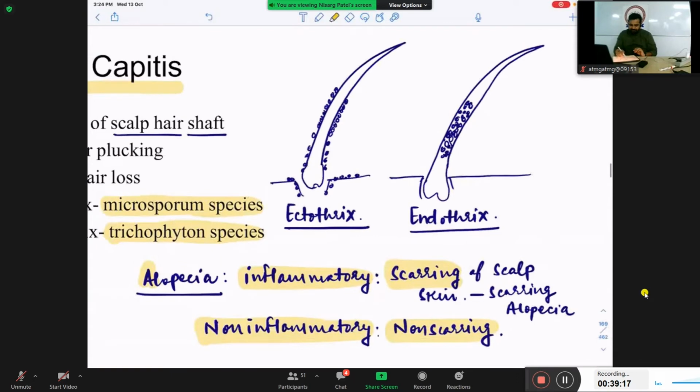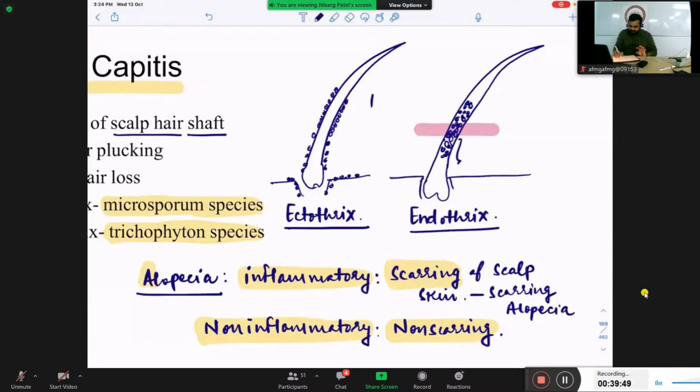ectothrix and endothrix infection, what will happen when this hair comes out? So let's take an example. When this hair comes out, in the case of the endothrix infection, because the hair shaft is eaten up totally, my hair will get broken halfway, right?